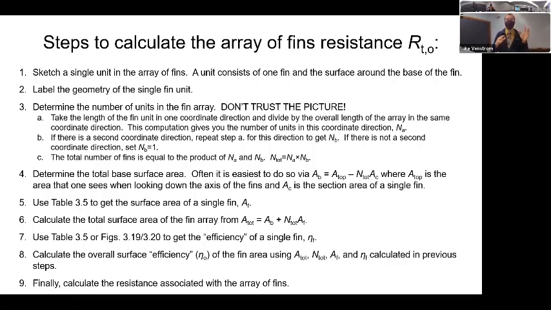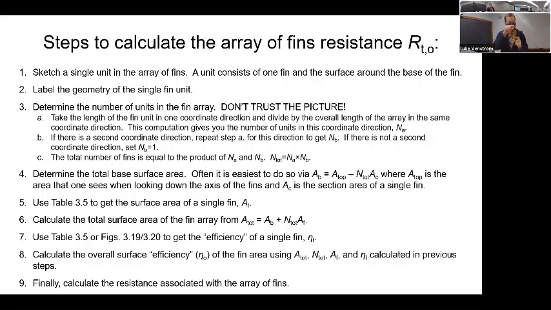This is almost like in material science, right? When you had unit cells and you looked at crystals as just repeating unit cell over and over again. It's the same idea here. So our unit cell has one fin in it and the area between that fin and its neighbors. Okay. So find the single unit and sketch it. It's really helpful to sketch it. Then you label the geometry.